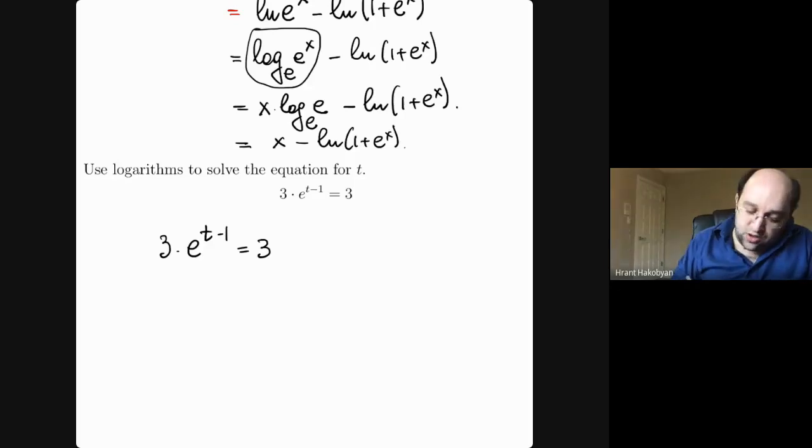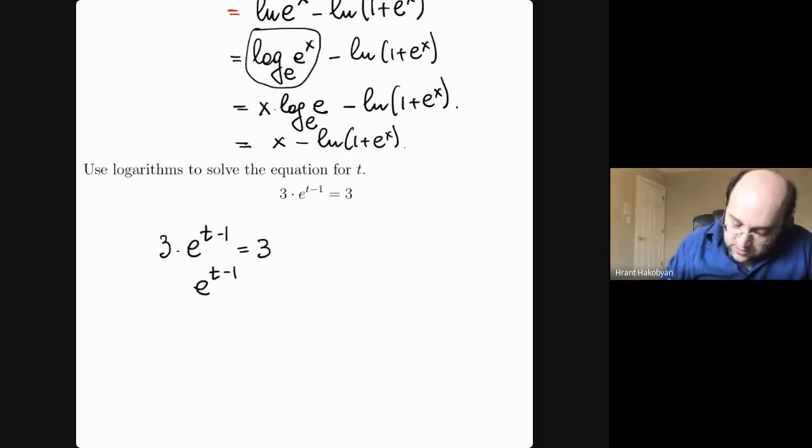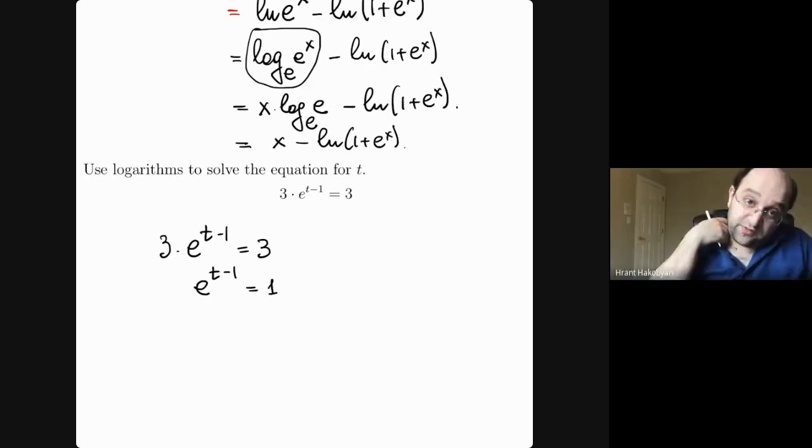First of all, I can cancel the 3's on both sides. So I get e to power t minus 1 is equal to 1. I divided by 3 on both sides, right?